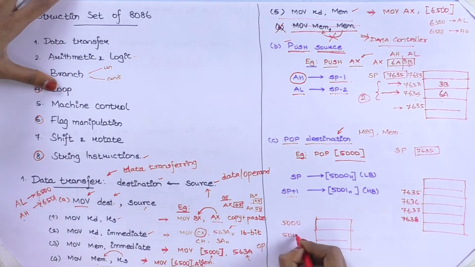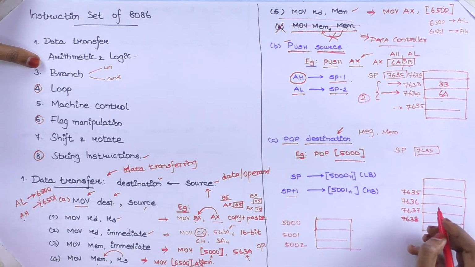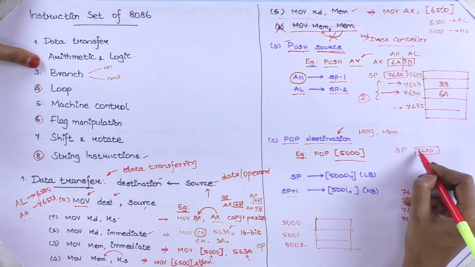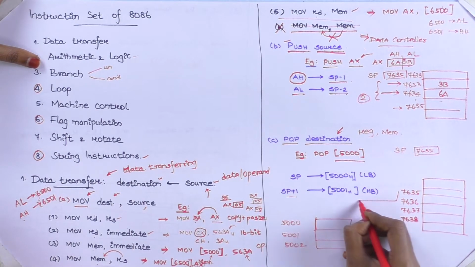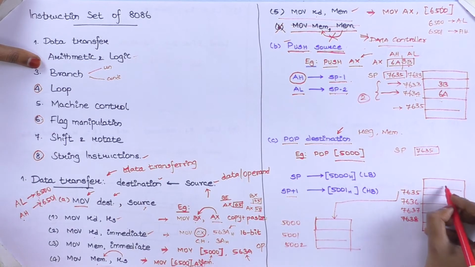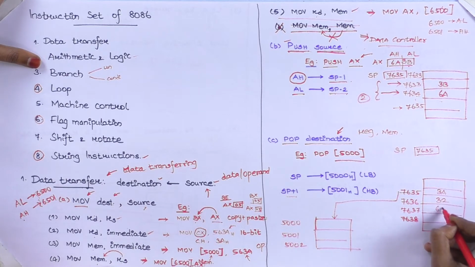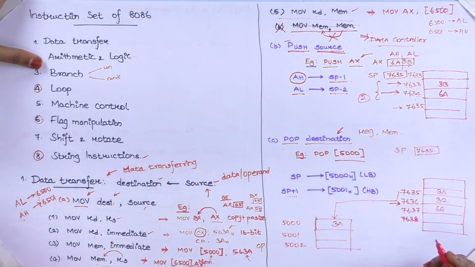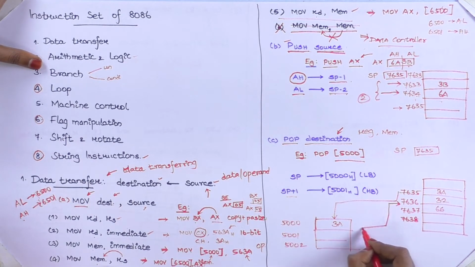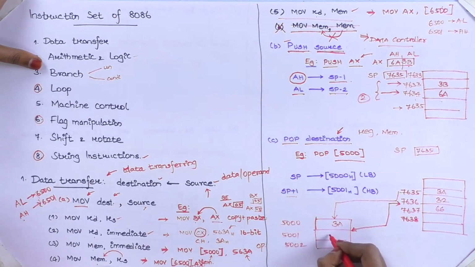So consider this as your memory. If the stack pointer is pointing to 7635, the value in 7635 will be stored in 5000. Consider it is having 3A, then 32, 66. So this 3A will be stored in 5000. Again the stack pointer will be incremented by 1, and the value in that location will be stored in 5001. So 32 will be stored here.